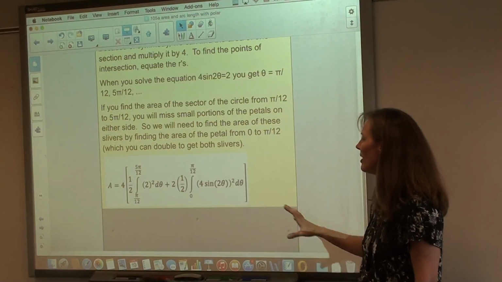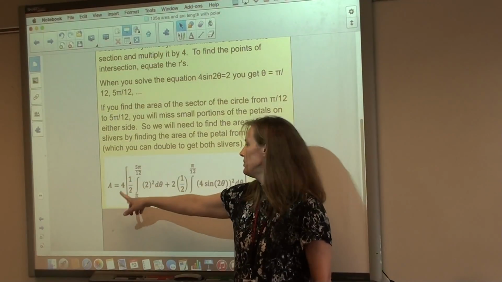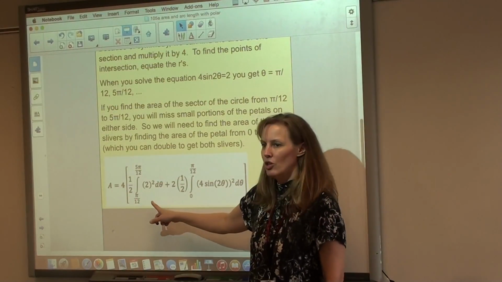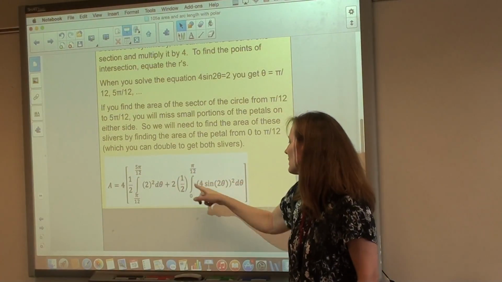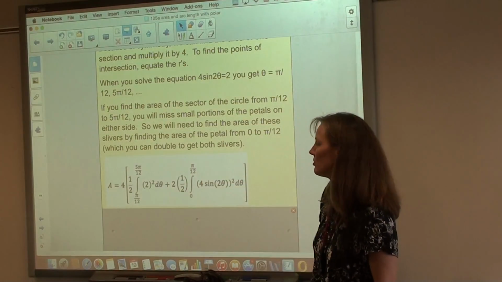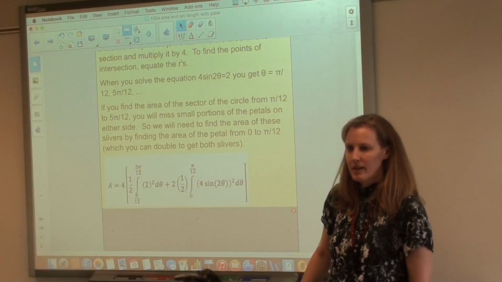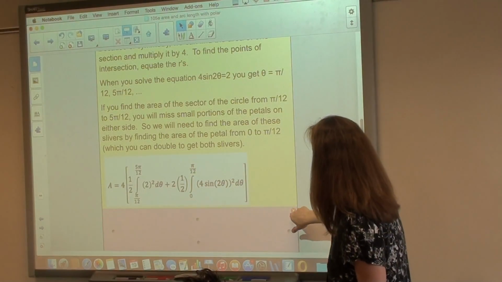All right, so this is your final setup. You have 4 times your sector of your circle, 1/2 times 2 squared, from pi over 12 to 5 pi over 12, plus 2 slivers, right? So 1/2 integral from 0 to pi over 12 of (4 sine 2 theta) squared.